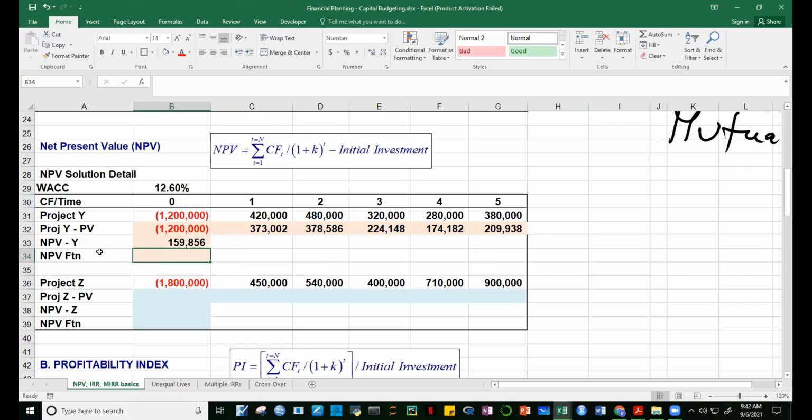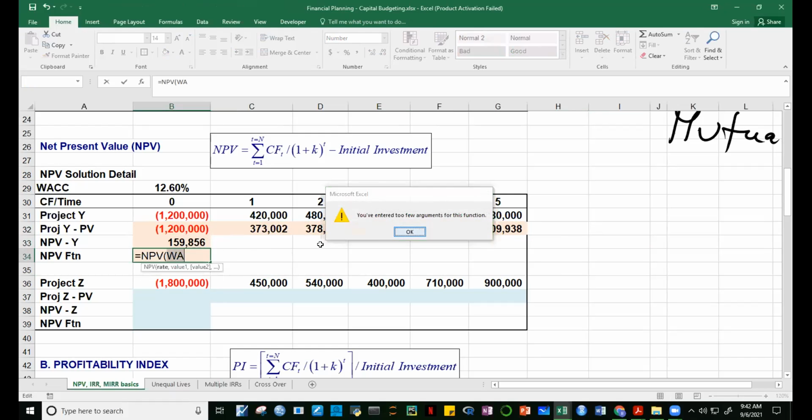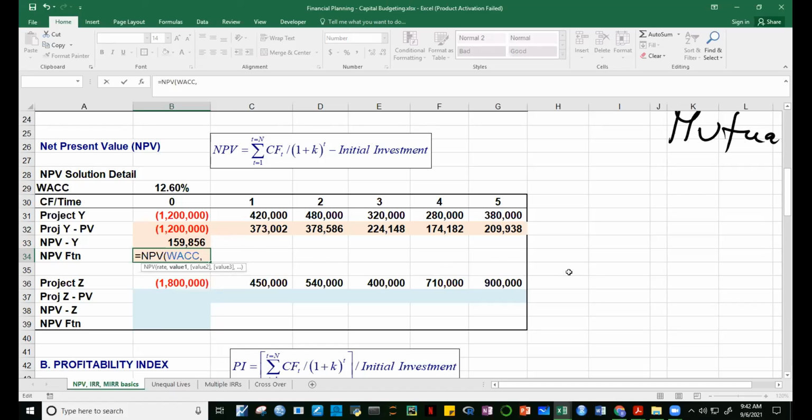We could have also used the NPV function, which we learned before. The function is NPV, okay? However, the rate is again WACC. And then the values, guys, yung NPV function ni Excel, it starts with the future cash flow, so dapat from year 1 lang. But we have to add the initial cash flow. So you notice that it's the same.